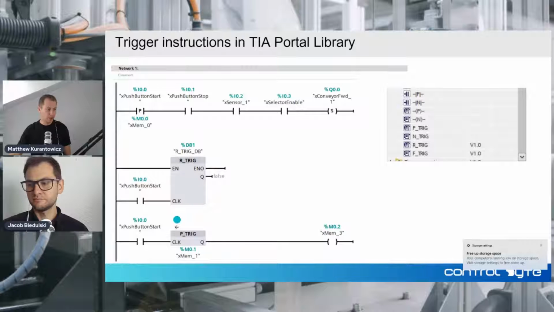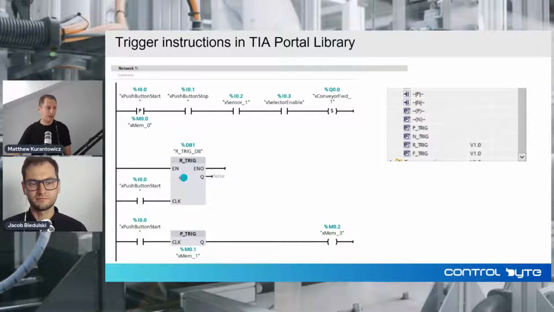Look at the difference between P_TRIG and R_TRIG. We have a difference in the number of inputs. For R_TRIG, we also have an enable input. The enable input is for enabling this instruction.